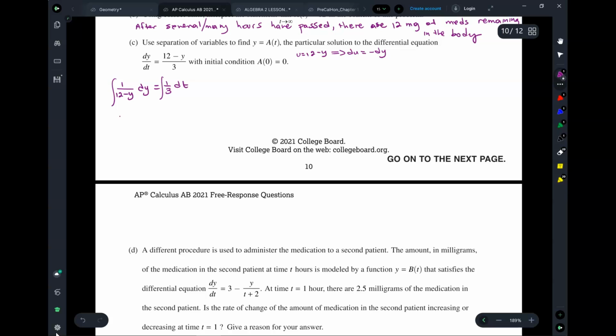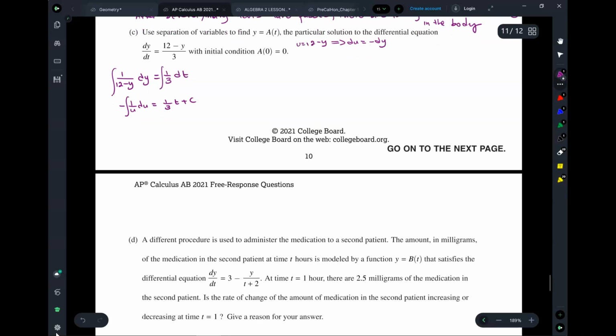So this is negative 1 over u du is equal to 1/3 t plus C. So here, this is negative ln of u equal to 1/3 t plus C. This is negative ln of (12 minus y) is equal to 1/3 t plus C.